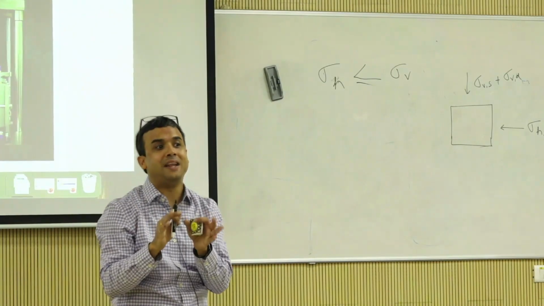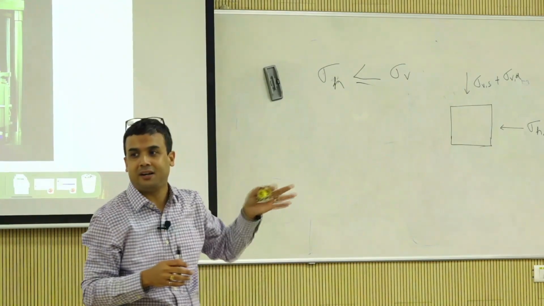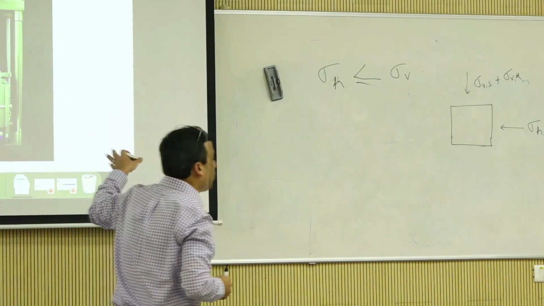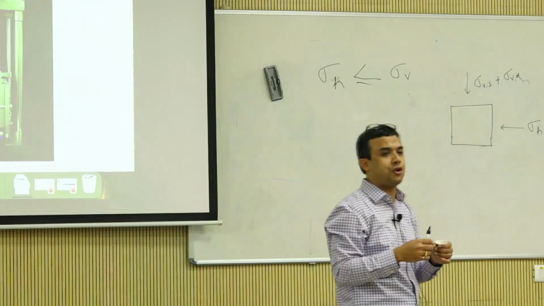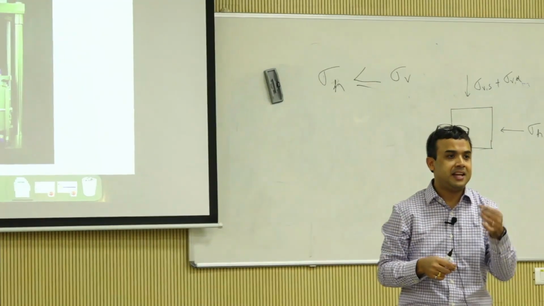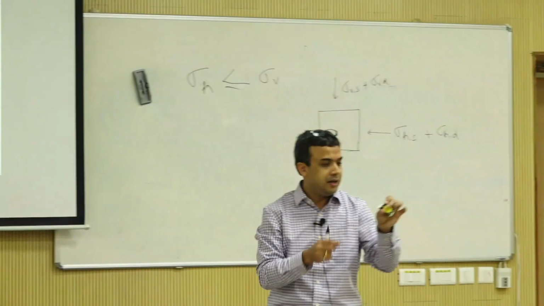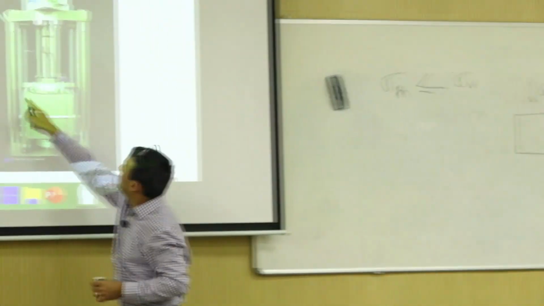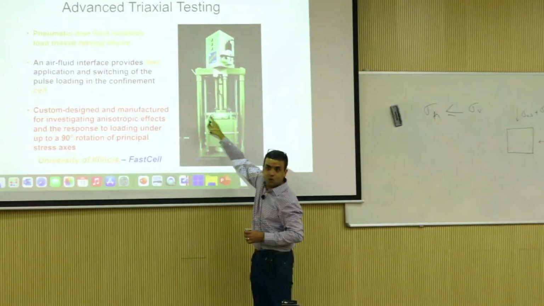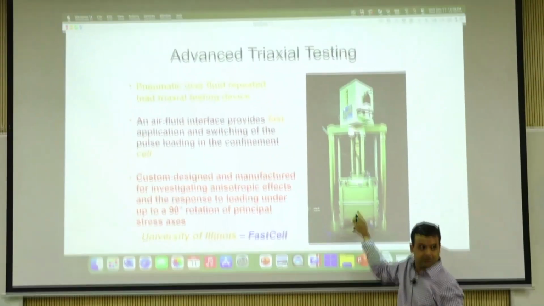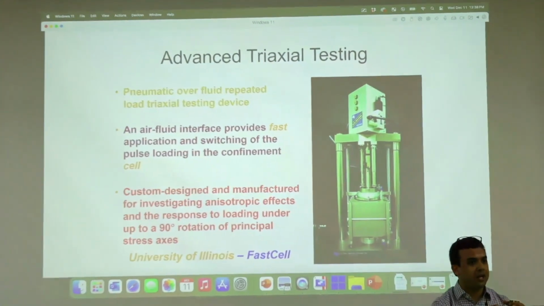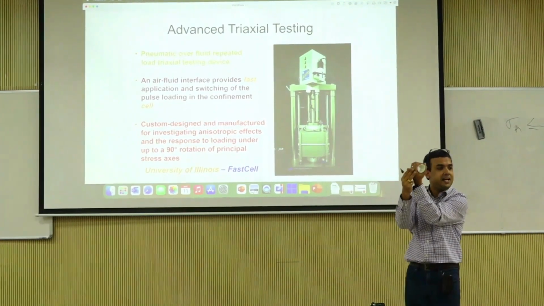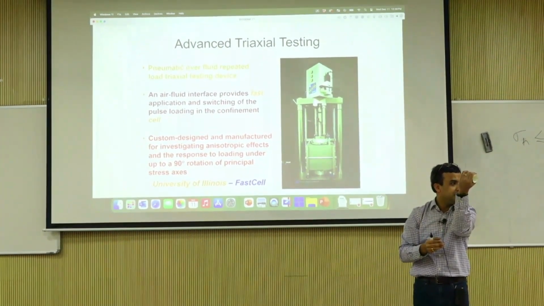So when I do that, now I am getting one step beyond our conventional triaxial testing, right? The test method we are going to get introduced to now is called the University of Illinois FAST cell. That's basically the concept. This cup is this box. It's a cube. The cube is full of hydraulic oil, and inside that there is a membrane, and that membrane is basically creating the effect that my hand is just creating.